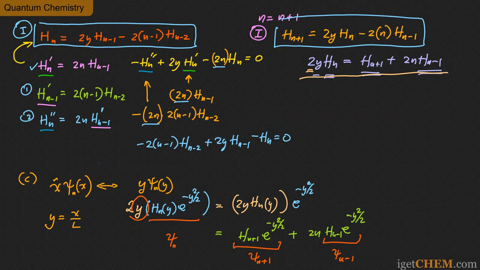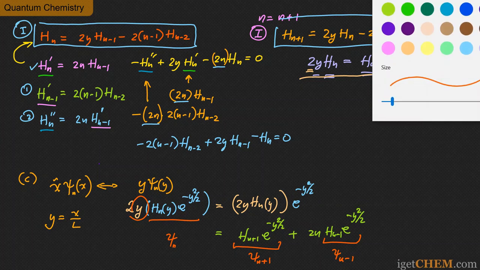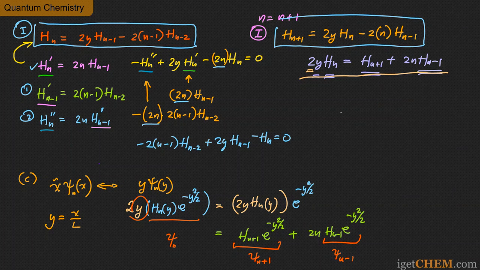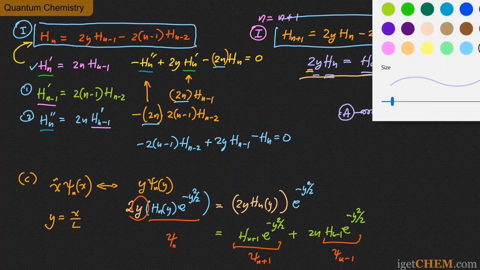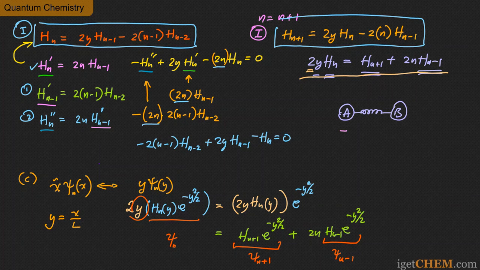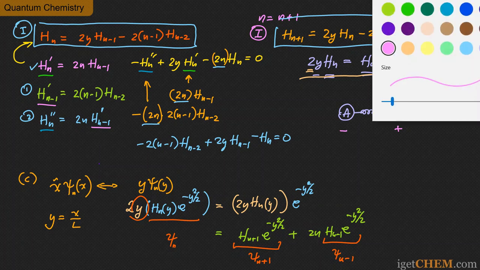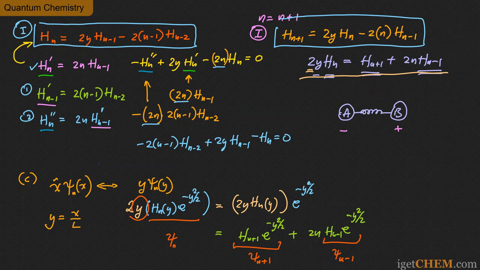So what that means is, as I've said, if you have a molecule that is represented by a bond like this, so you have A and then B, and if this molecule has some dipole moment, so let's assume that you have a minus charge on A and a plus partial charge on B, then when the molecule is radiated by light, if the light field has a direction of oscillation that is parallel to the dipole moment of the molecule, then what this essentially does is to apply an operator x to the eigenfunction of the harmonic oscillator.